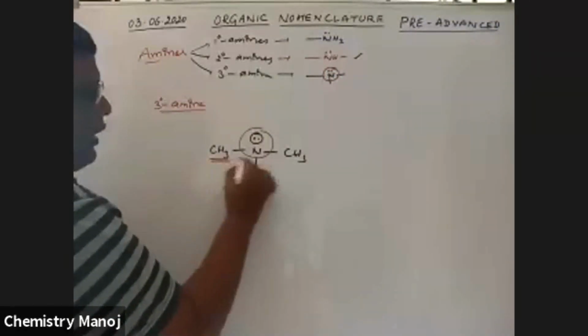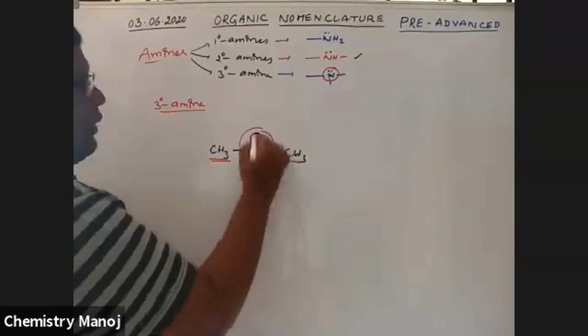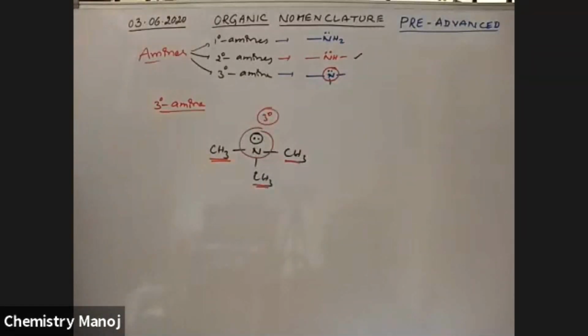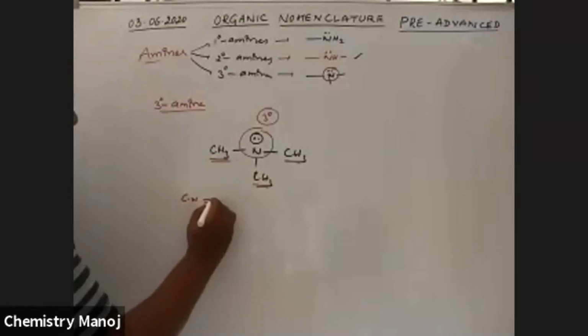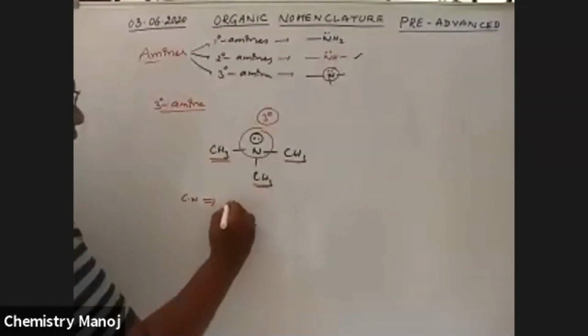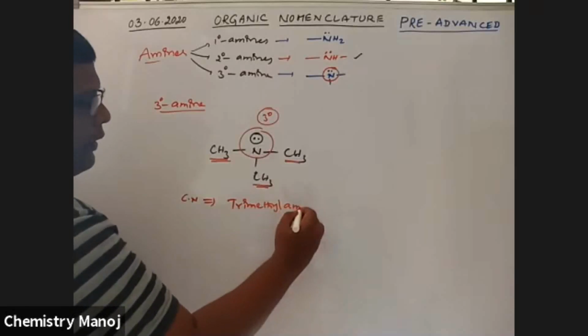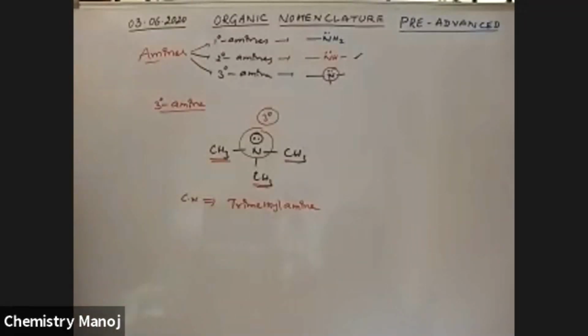Only N is there, and the remaining are all alkyl groups. It is a tertiary amine. Its common name is trimethyl amine.